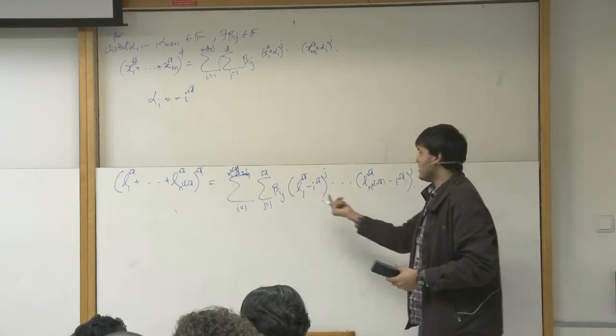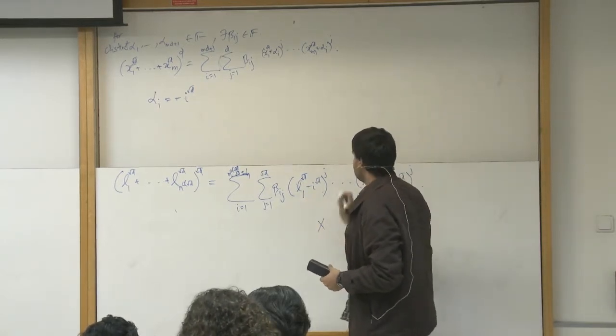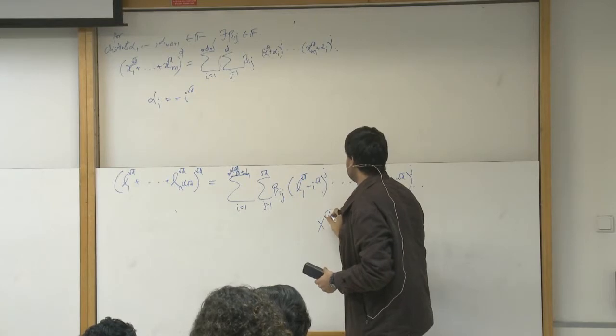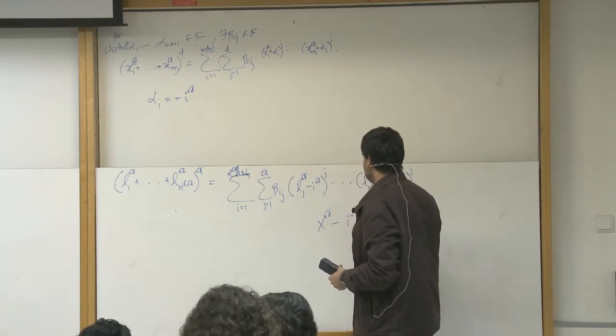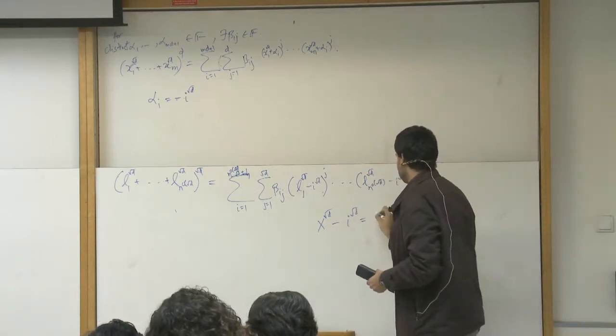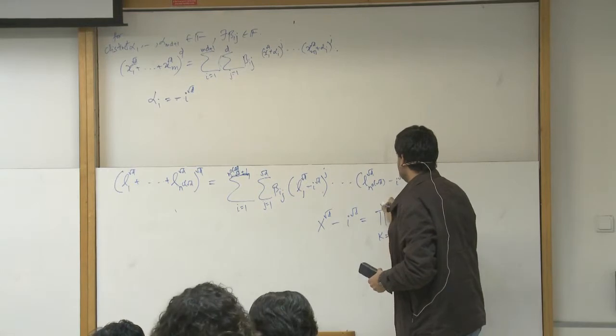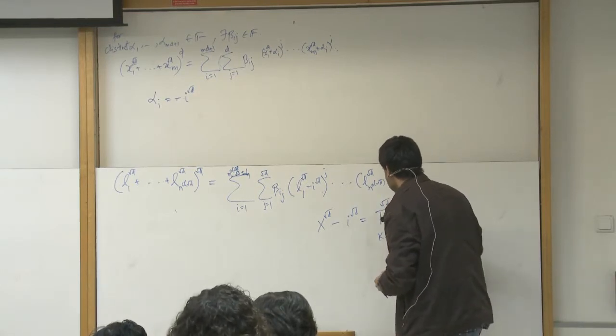Okay, but now what do we know? We know that any x to the root d minus any I to the root d can be factored over the complex numbers as a product, maybe it's 0.